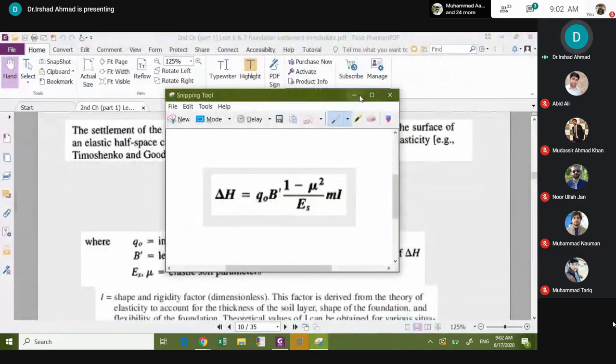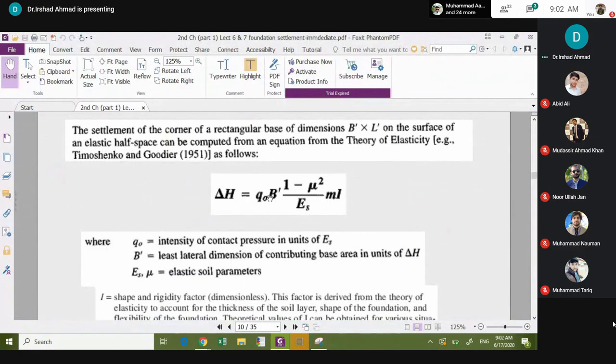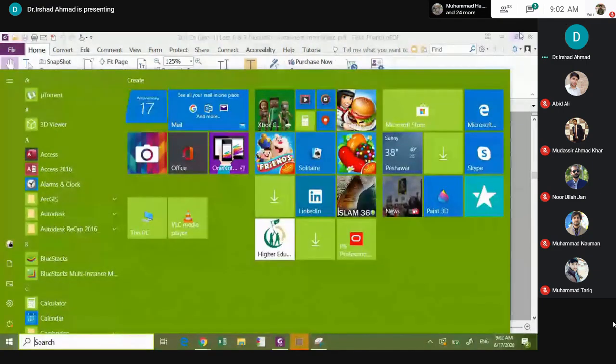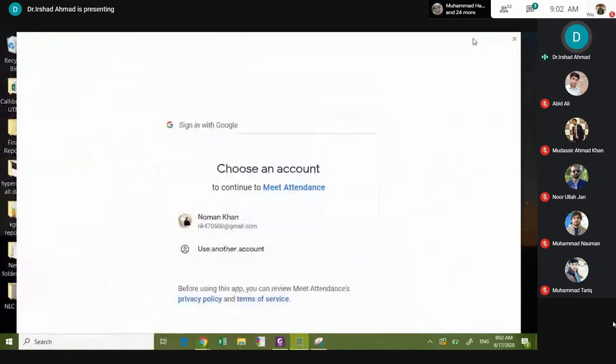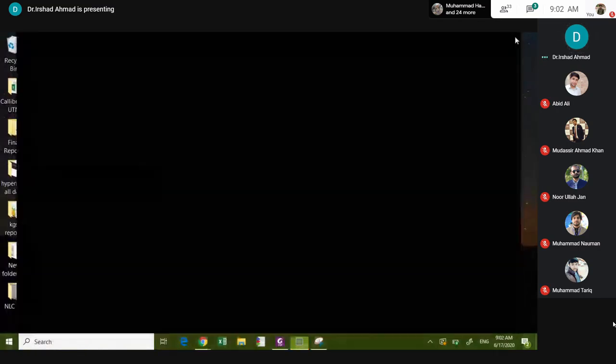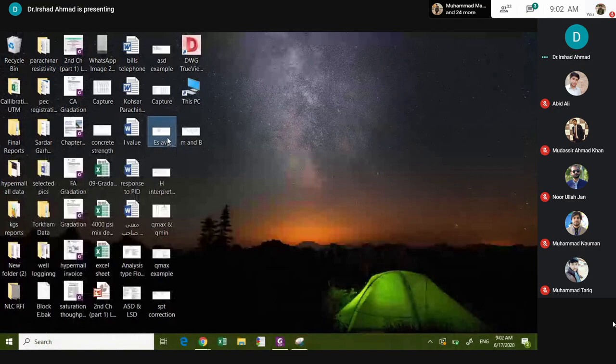Now we come to ES. What is ES? It is the modulus of elasticity. I think I have a diagram for this.